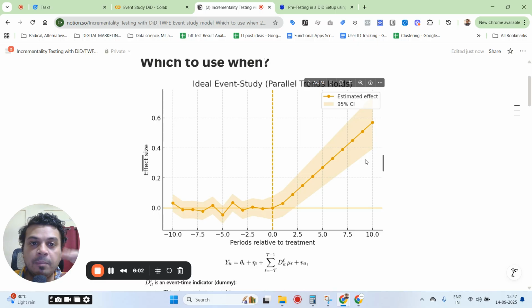The dashed vertical line at 0.0 gives you the intervention point. Prior to that, there was no impact of the treatment, and post that treatment, you obviously have a significant effect. So the effect size has grown almost linearly.